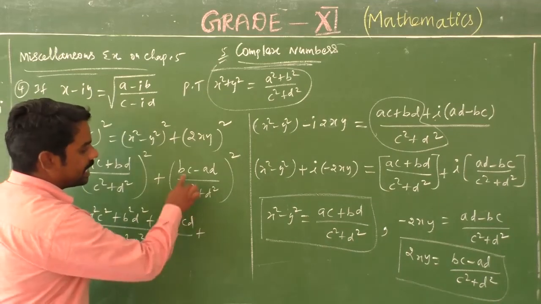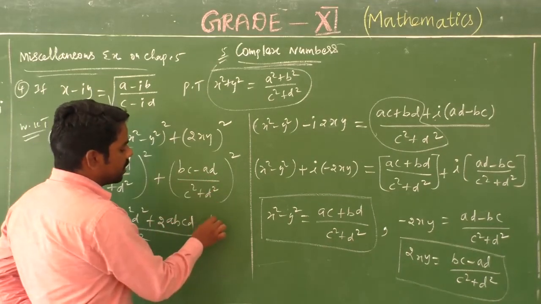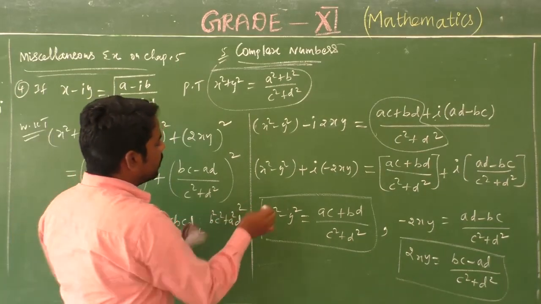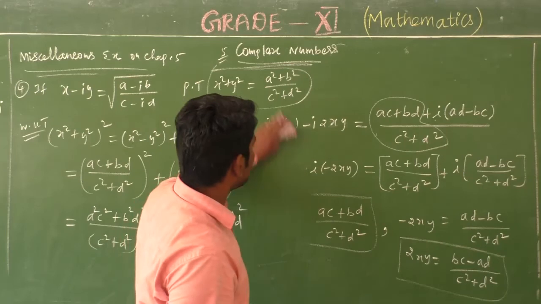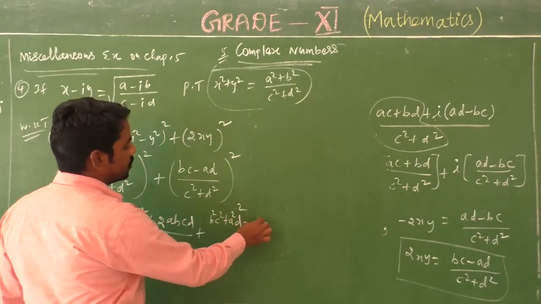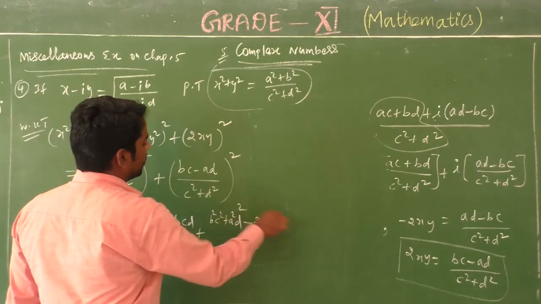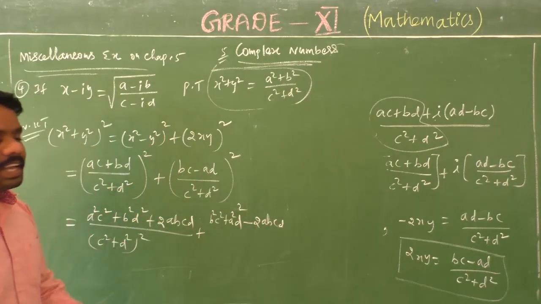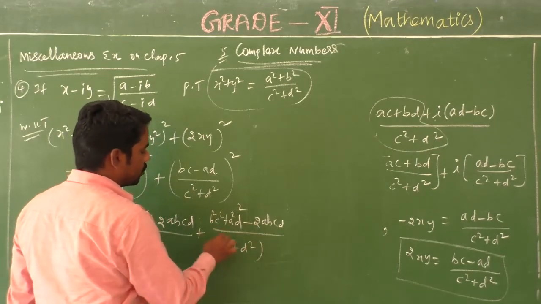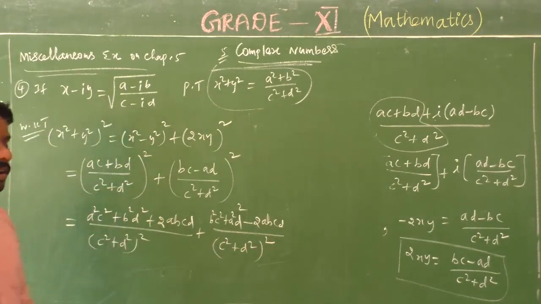Plus here (a minus b) whole square formula, so b square c square plus a square d square minus 2ABCD, 2BC into AD, so 2ABCD divided by (c square plus d square) the whole square.